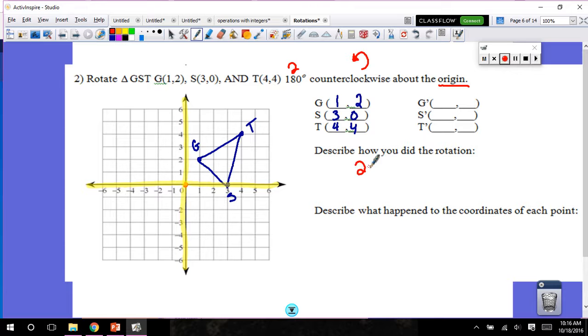Okay, so we're going 2 turns, going counterclockwise, so it's kind of backwards. And then about 0, 0. That's my point of rotation. Now get your patty paper out, and you are going to copy that on there.